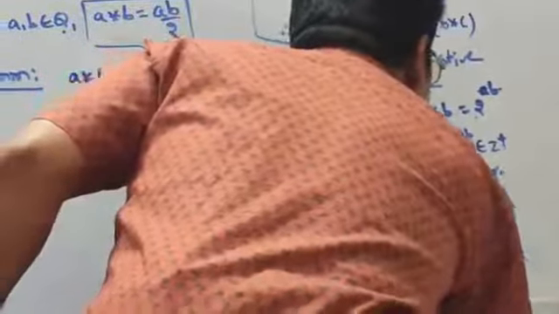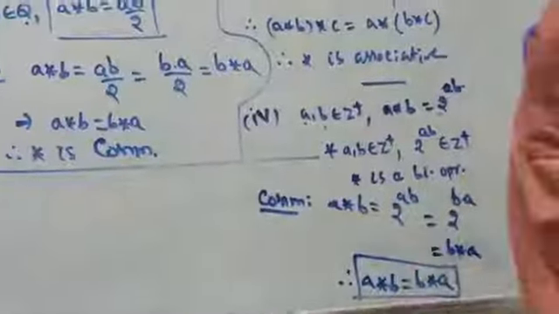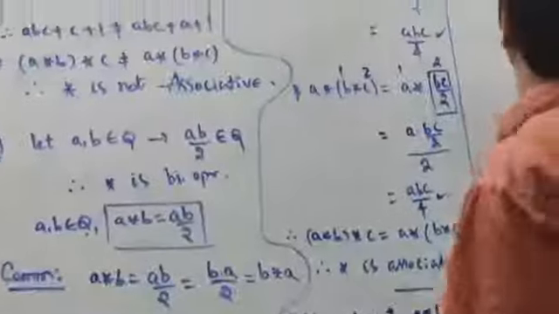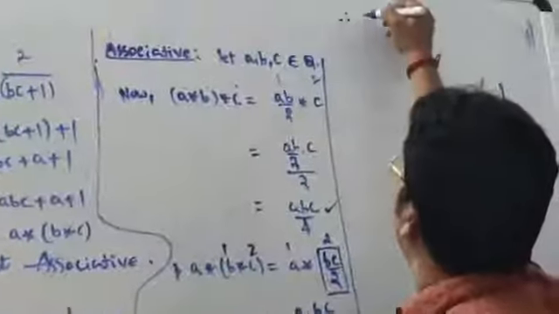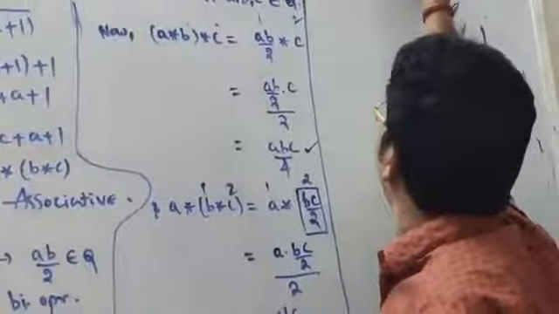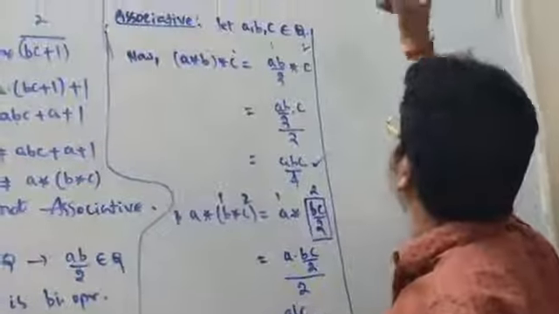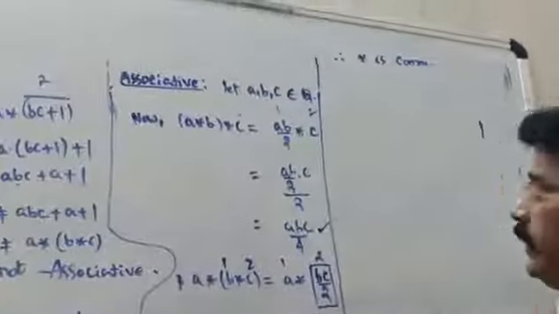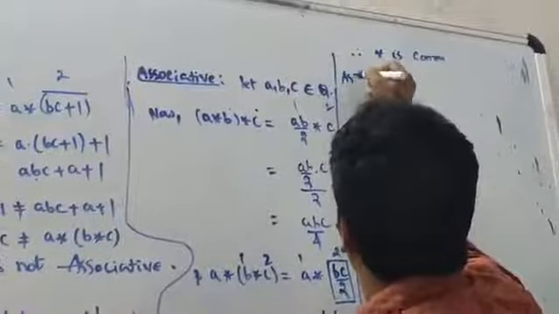Therefore a star b equals b star a. Therefore star is commutative. Next, associative.